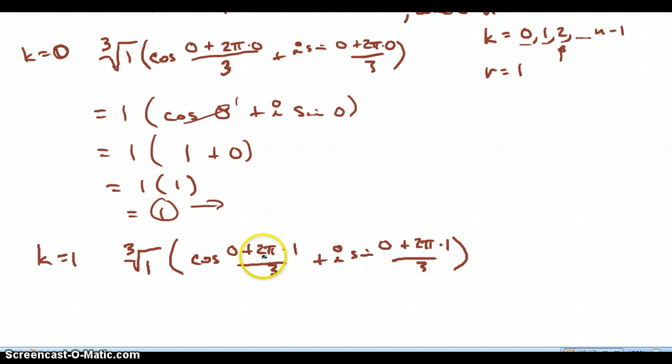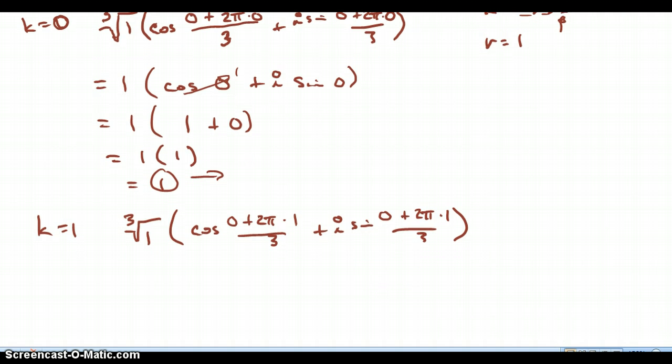This is equal to the cube root of 1 times the cosine of 2 pi over 3 plus i sine 2 pi over 3.